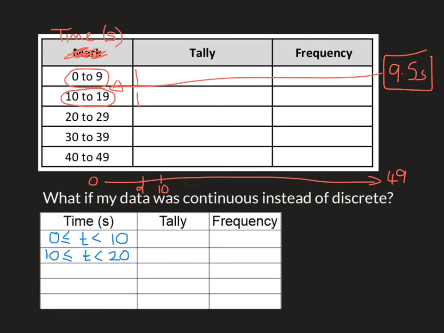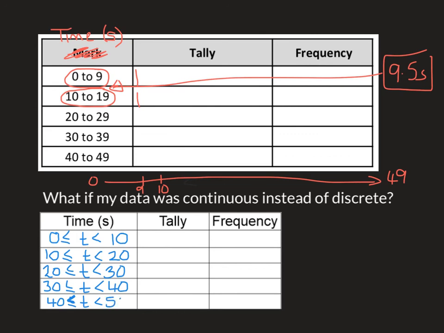Then hopefully we can notice the pattern. 20, we could be equal to it, but we're going to be less than 30. The next one can equal 30, but goes up to 40, not quite exactly 40, because 40 is in the next one. So now we have catered for every possible value.